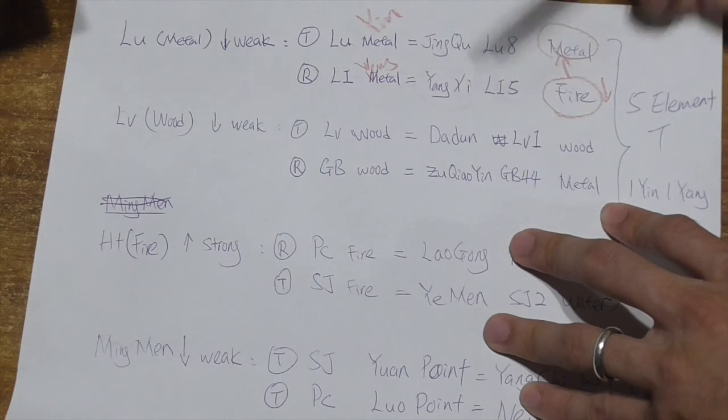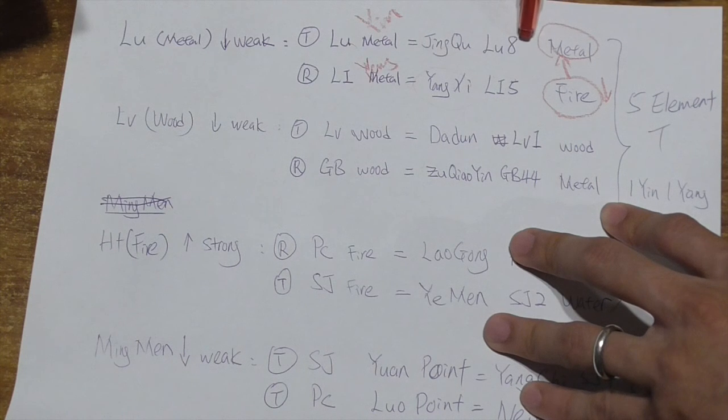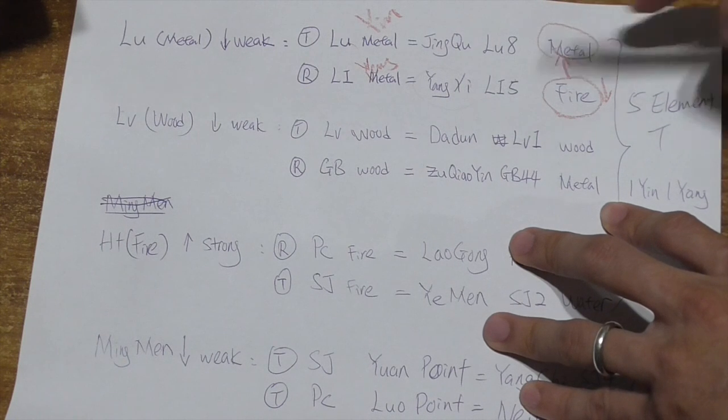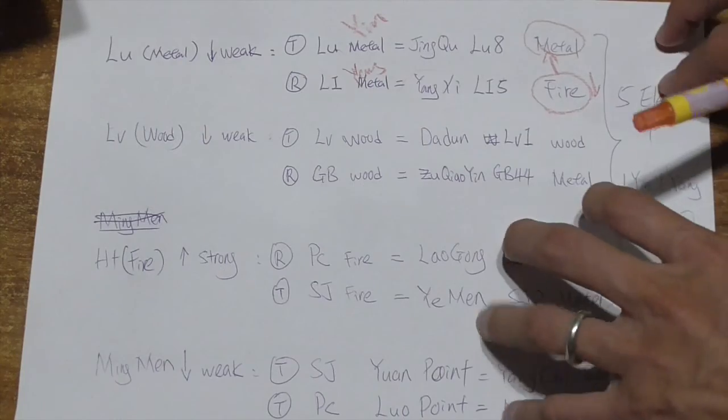So 2 steps. One, you tonify Jing Qi, lung 8, to tonify the metal. And step 2, you reduce the fire to help the metal get stronger.